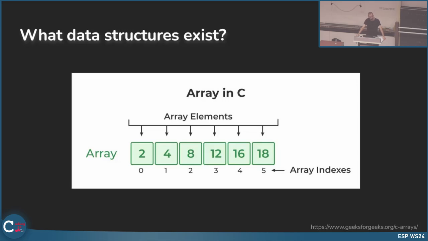That's why we started with it. The array is just a continuous region of memory where you can store elements inside. You have an index, and you can iterate over it. You have a start and an end. This is maybe the basic version of data structures.